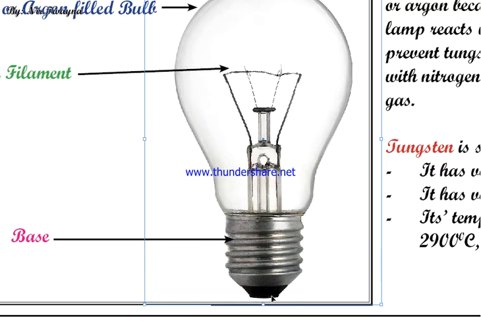So the bottom acts as the positive terminal and the base metal acts as the negative terminal. If you connect the plus point here and the minus point here, the circuit will be completed through the filament. These other parts are just supporting structures. They do not make up any circuit.